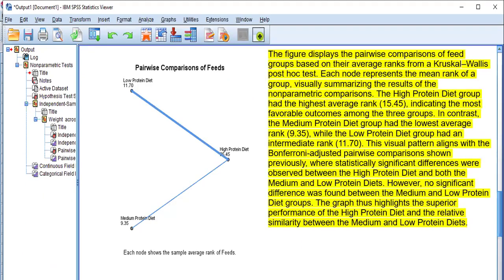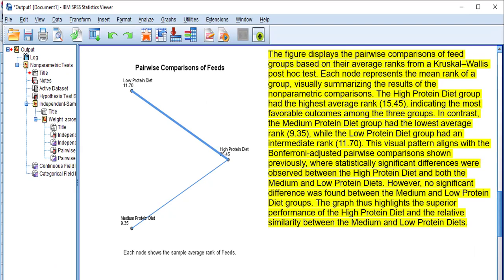So when you click pairwise comparison of the feeds, you will see that there are three different groups, and high protein diet is lying completely separate, but low protein and medium protein are lying on the same axis. So it means that high protein diet is statistically significantly different from both medium and low protein.